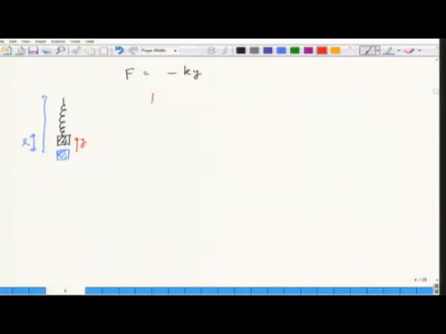Then the force due to the spring is going to be k(L minus y), and it is going to be upwards because I am assuming that L is greater than y. So the spring is still stretched, and the force due to the mass is going to be mg, downwards.